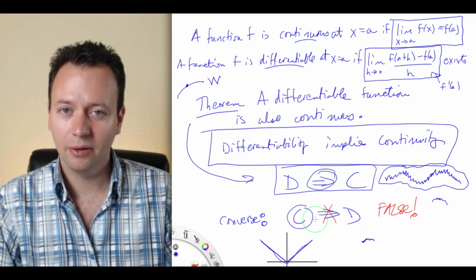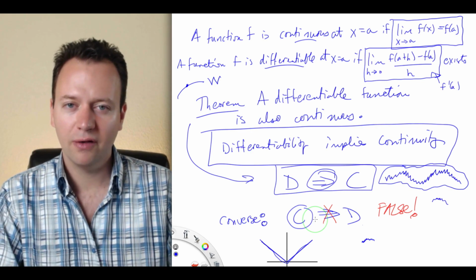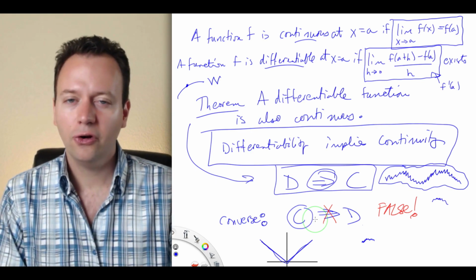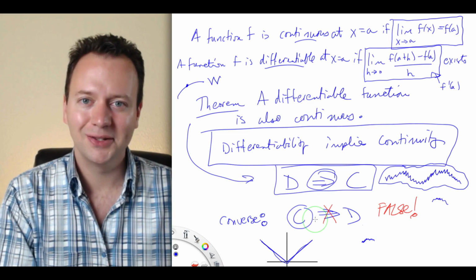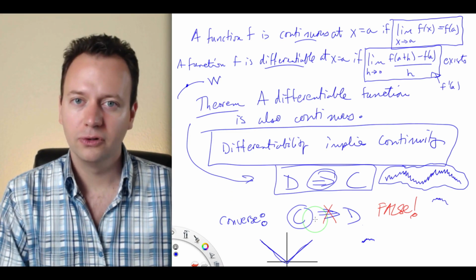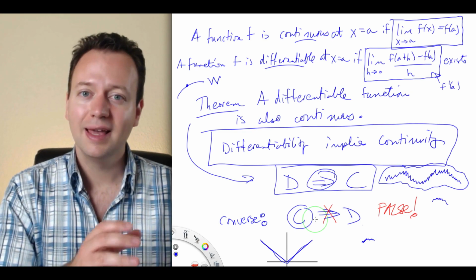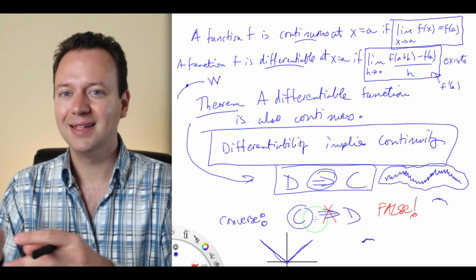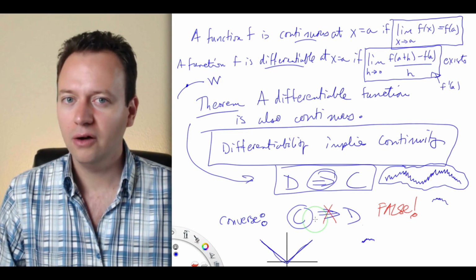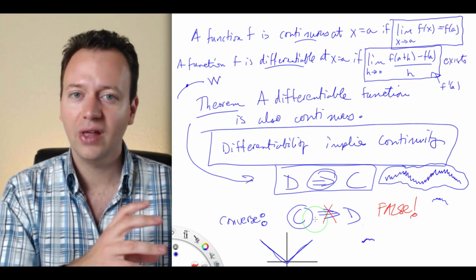True statement. Assuming you have a gasoline engine, if your car is out of gas, then it is not running. Straightforward enough. What's the converse statement? The converse statement would be: if my car is not running, then it's out of gas. Well, clearly the converse is false.